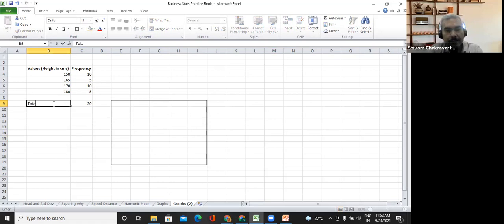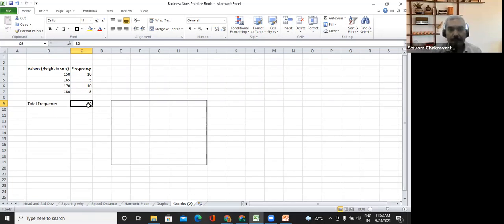So total frequency is 30. So the entire area of the circle should represent the frequency of 30. So 30 then means 360 degrees. You're drawing a circle and the entire frequency, which consists of 30, should cover the entire circle.